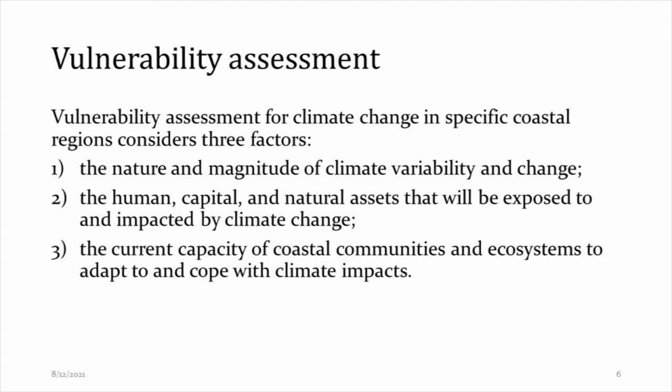First one is the nature and magnitude of climate variability and the change. Second is the human capital and natural assets that will be exposed to and impacted by climate change. Third is the current capacity of coastal communities and ecosystems to adapt and to cope with the climate impacts.